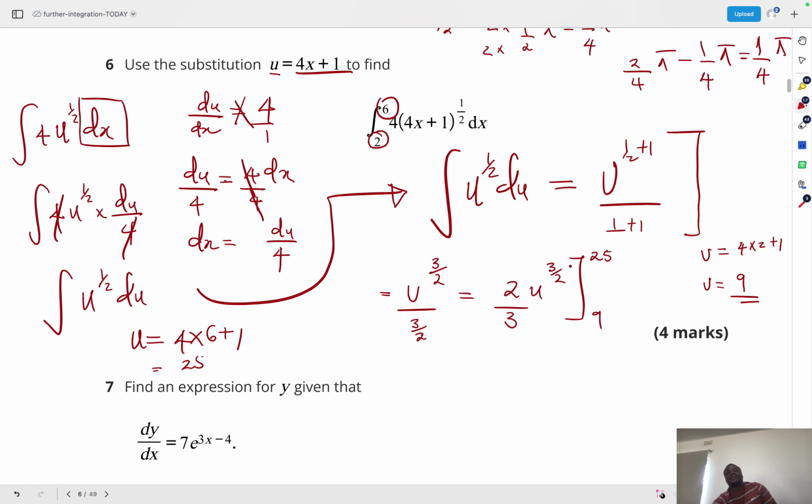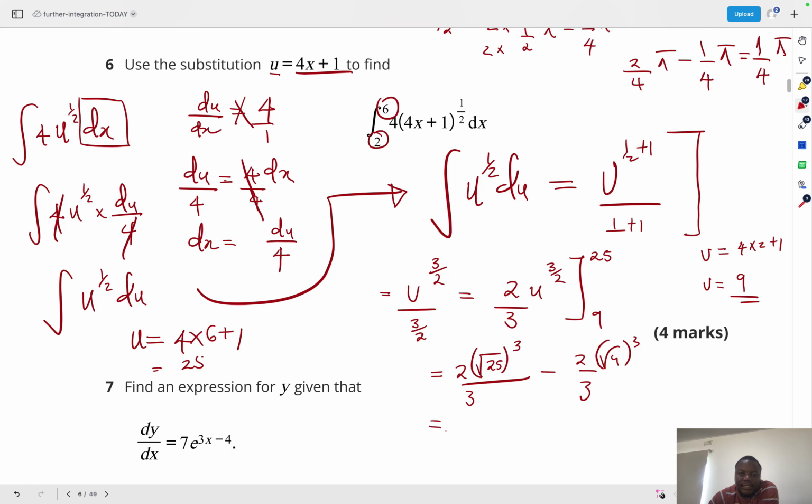So to find the integral in terms of u, we evaluate 2 over 3 times the square root of 25 to the power of 3, minus 2 over 3 times the square root of 9 to the power of 3.